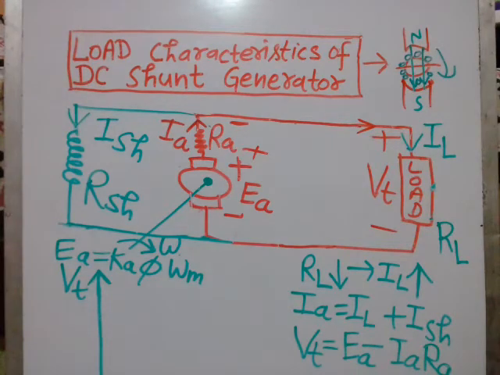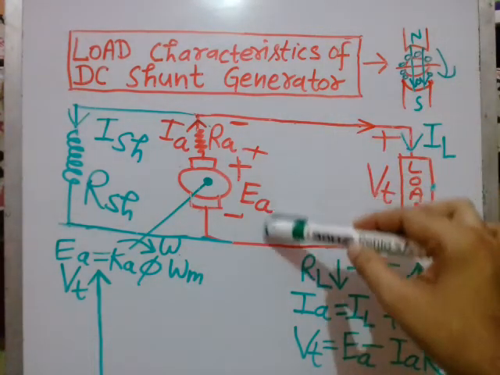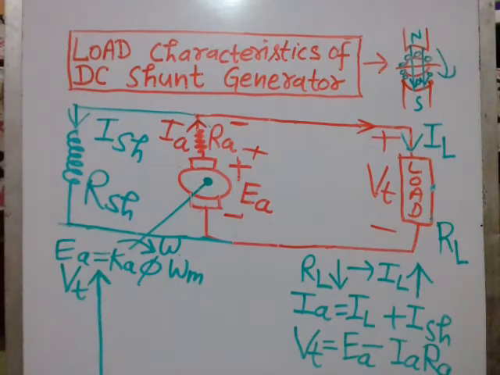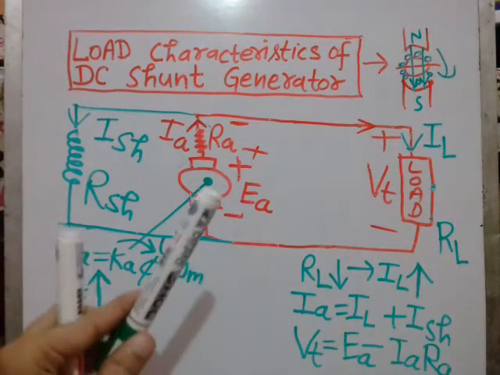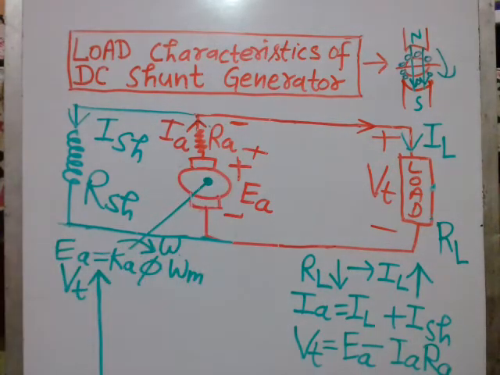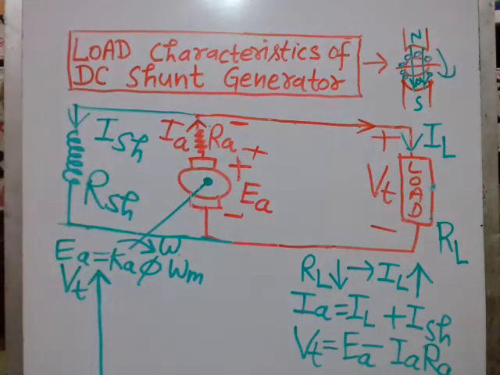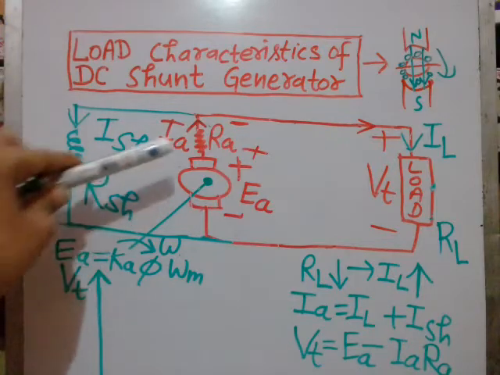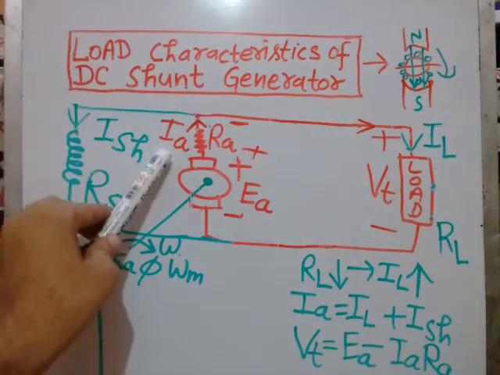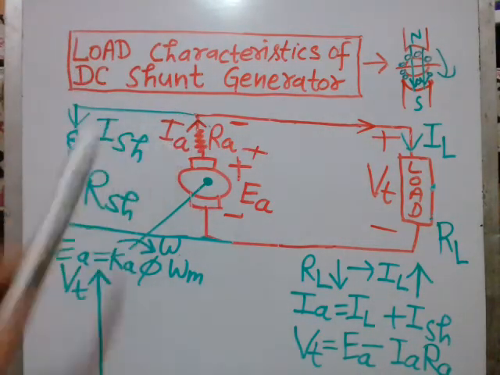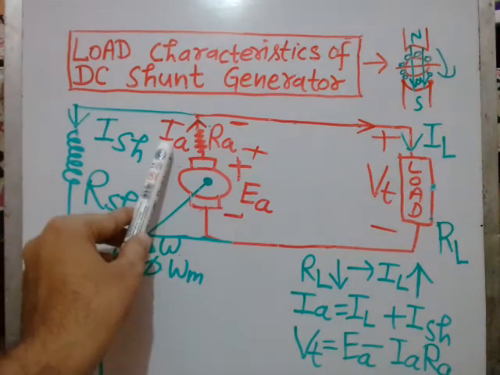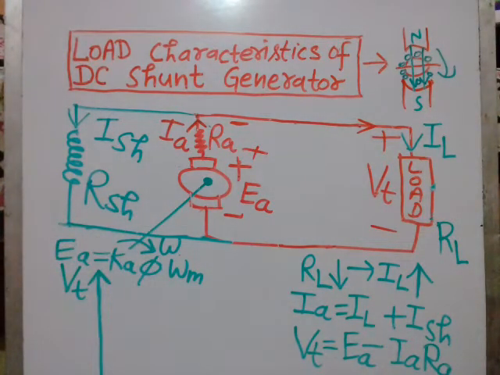Once induced EMF E is developed in the armature, that means voltage has been developed in the armature conductors. Now this voltage will produce a current in the armature windings, that is armature current IA. This is represented by this IA.